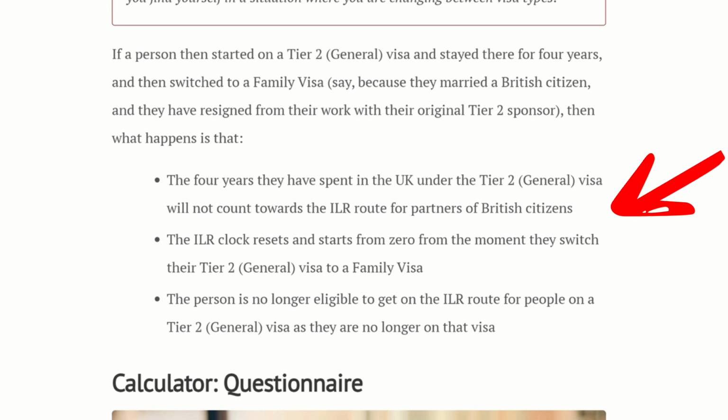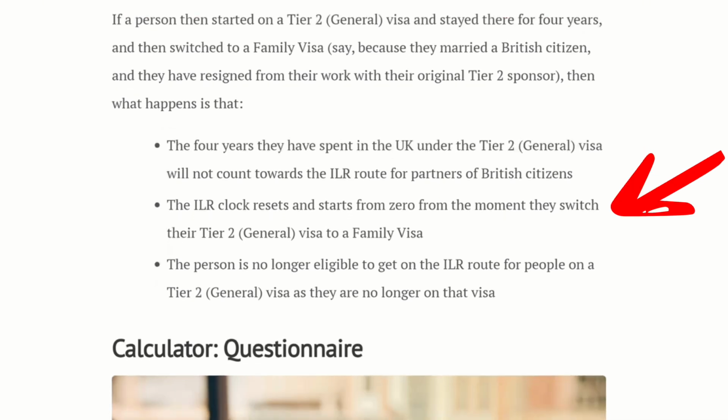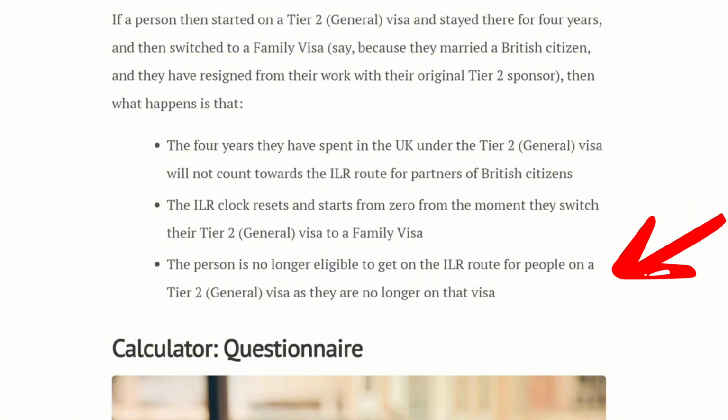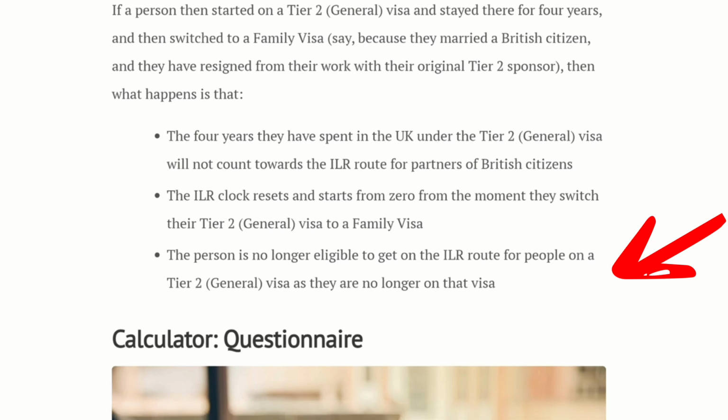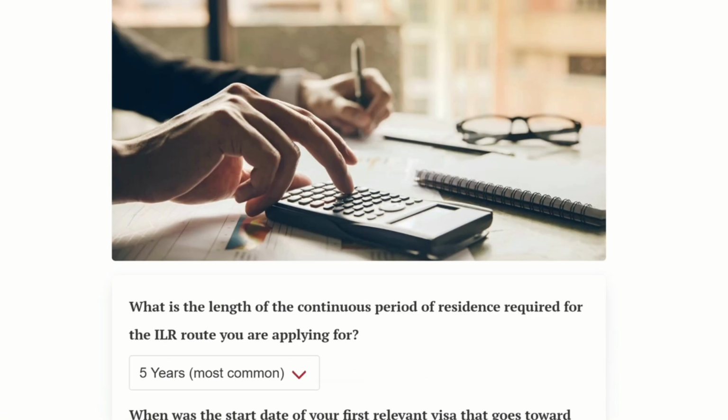And the ILR clock resets and starts from zero from the moment they switch from the Tier 2 visa to the family visa. The person is no longer eligible to get on the ILR route for people on a Tier 2 or general visa.